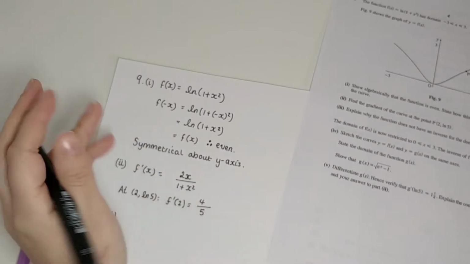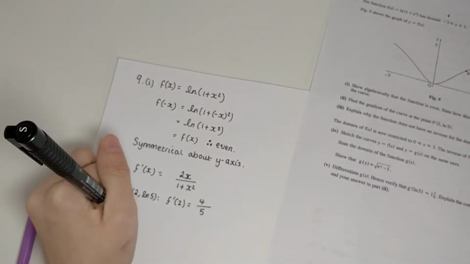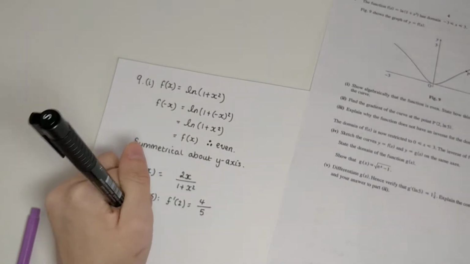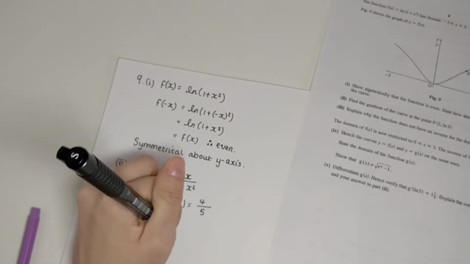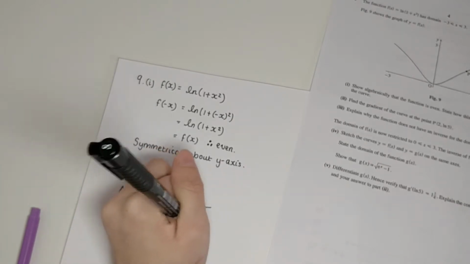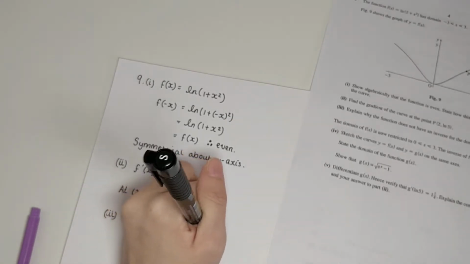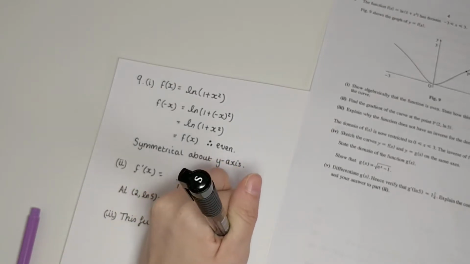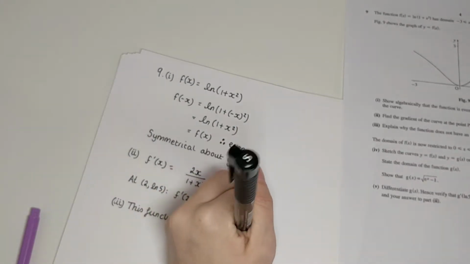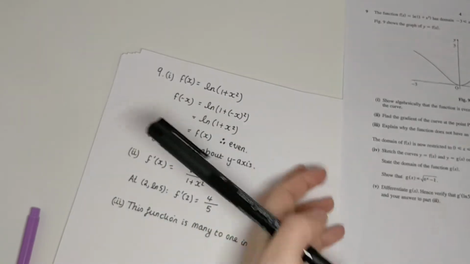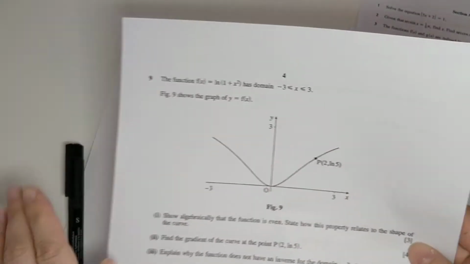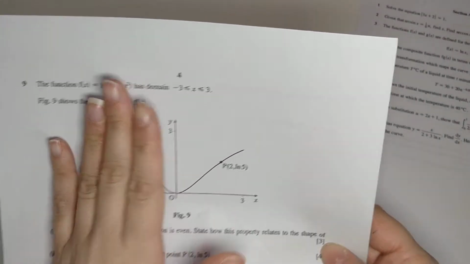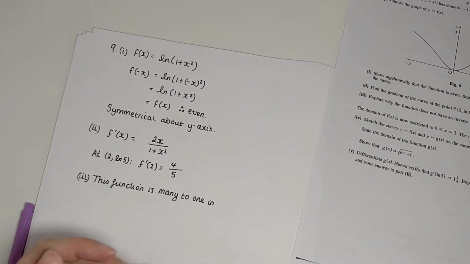In this particular domain, I suppose I should say, this function is many to one. Because if it was in a smaller domain, if I cut the domain to just this bit, then it would be fine because it's one to one and I can invert that.